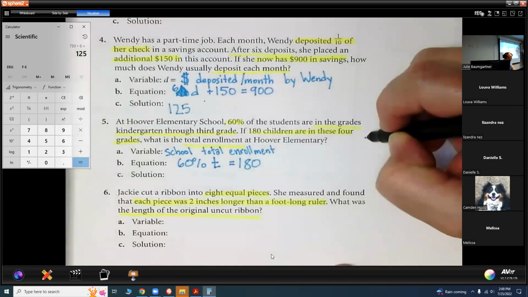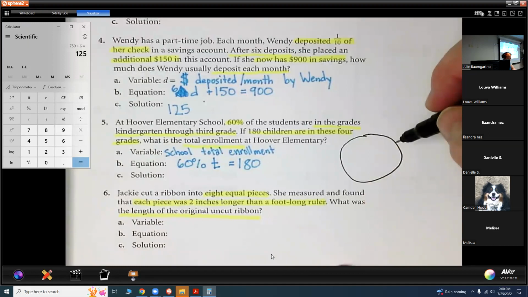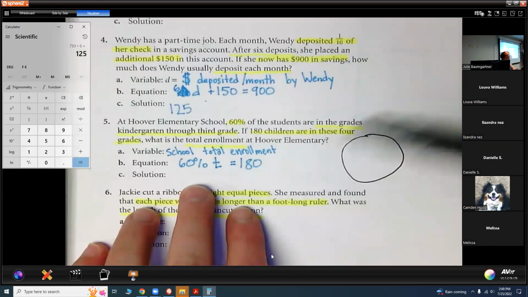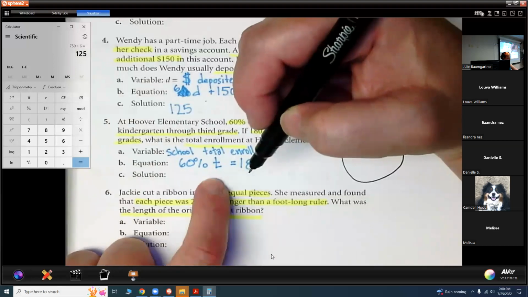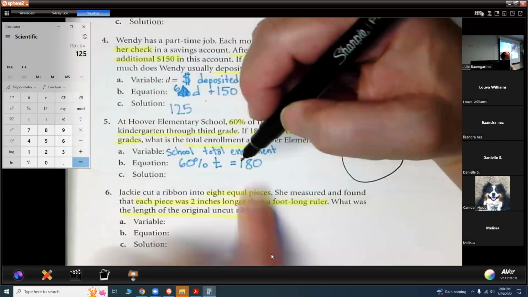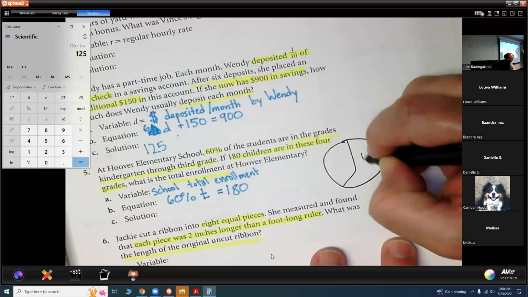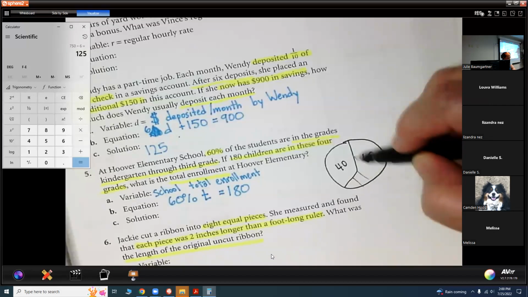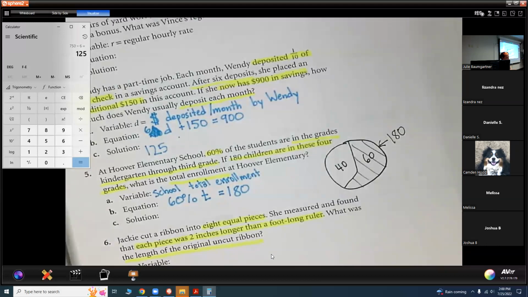I just did 60% times 180, which is 108, and then I think times 4. Yeah, because if 60% of this unknown number is 180, it definitely has to be greater than 180. We have a 60-40 split. We know that 60% is 180.